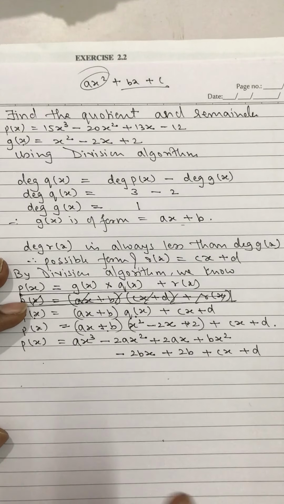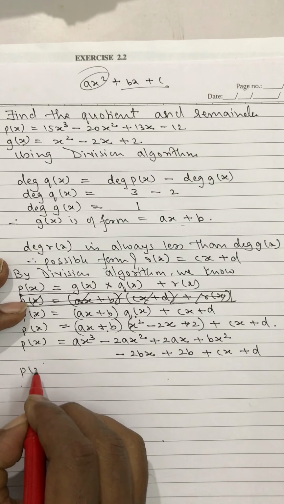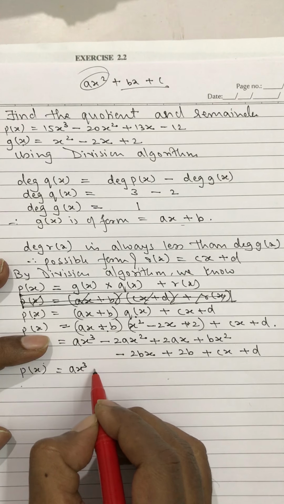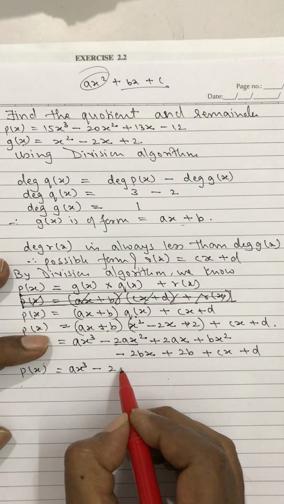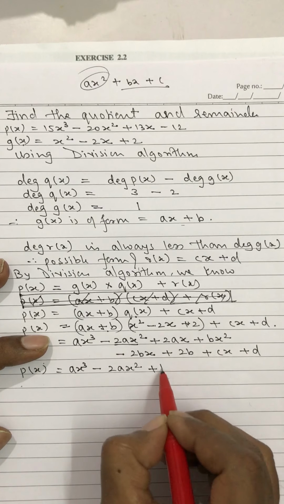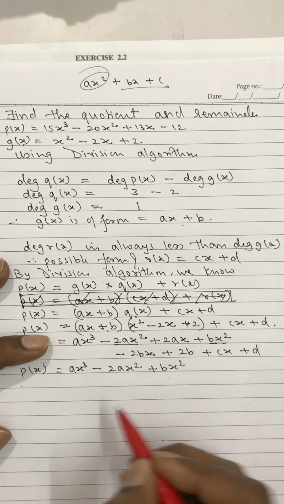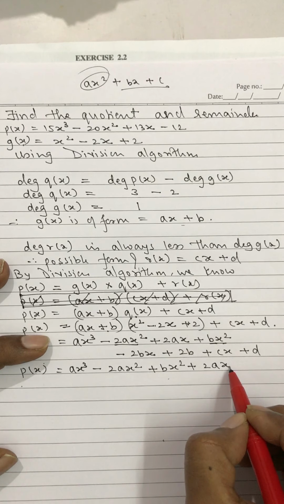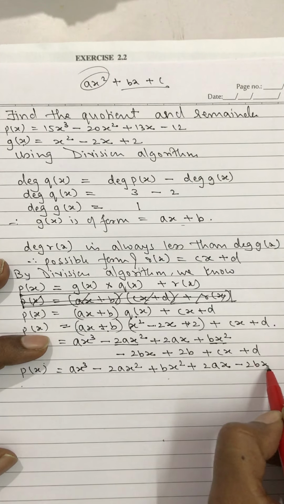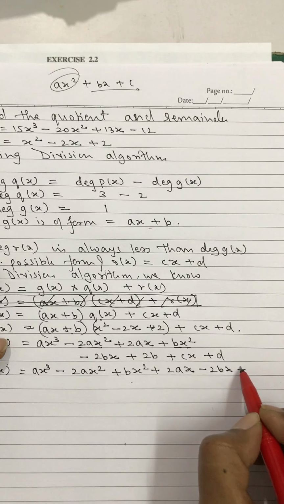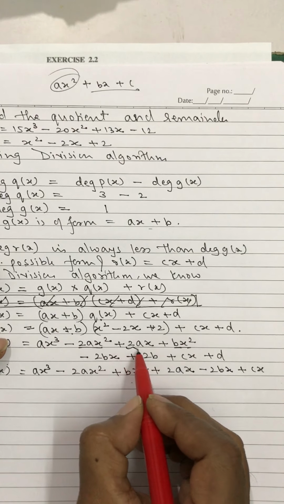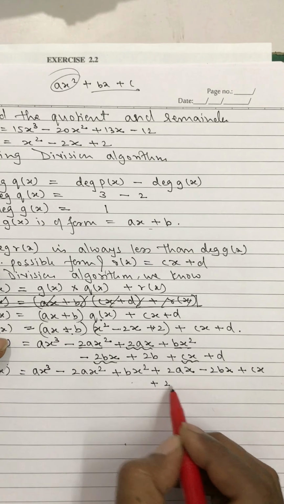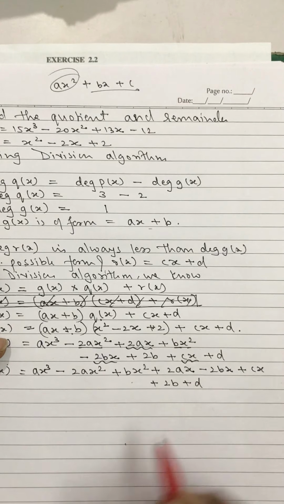Now I will bring all the same powers together. I don't have any other cube. ax cube, minus 2ax square plus bx square, and plus 2ax minus 2bx plus cx, and this is going to be my constant, 2b plus d.